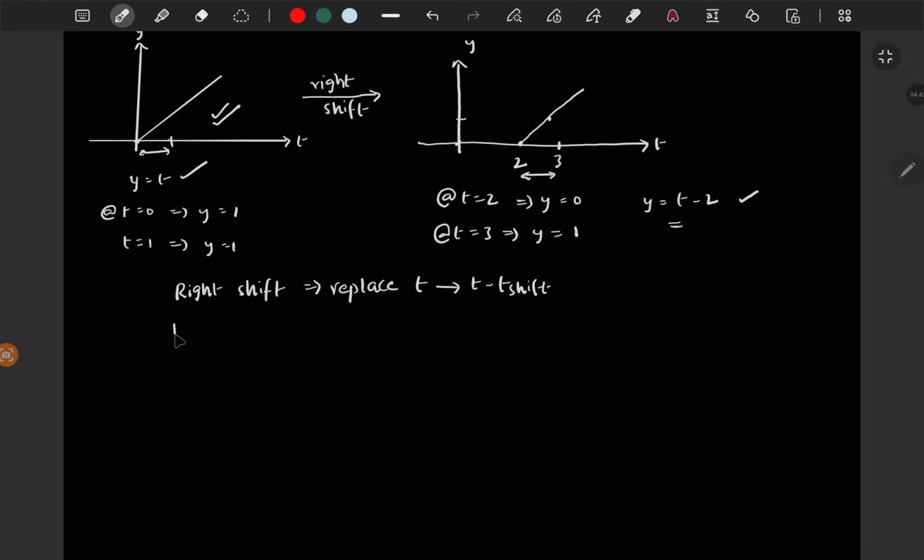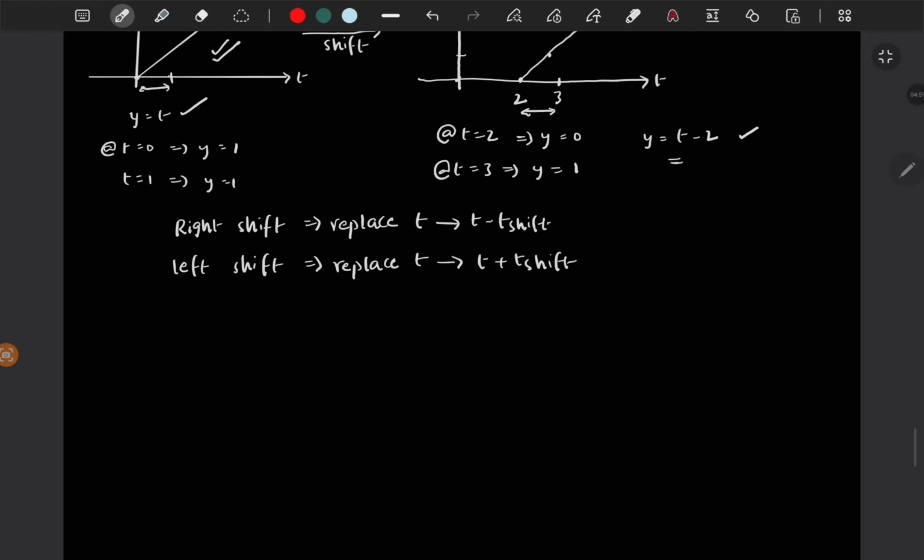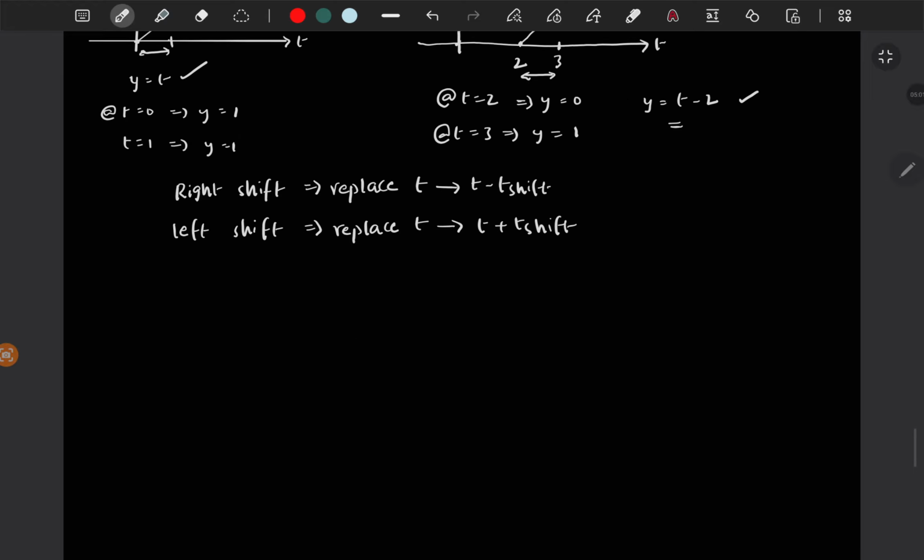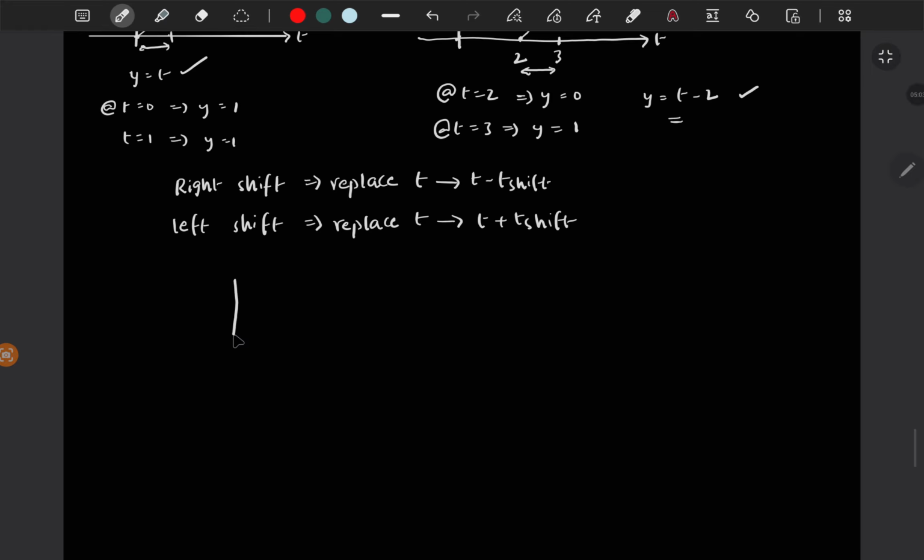And for left shift, you have to replace t with t plus t shift. So if you look at the left shifted waveform, then it looks like this.